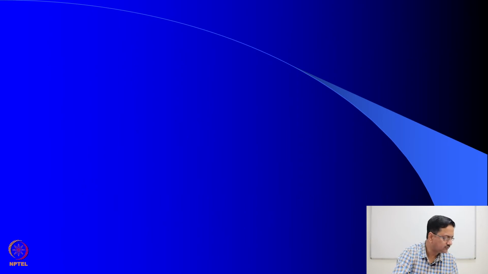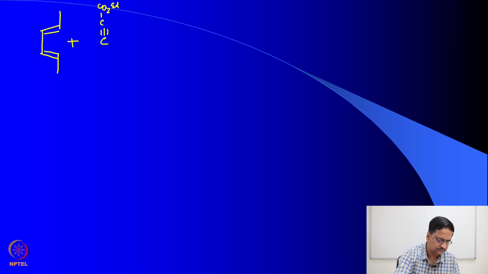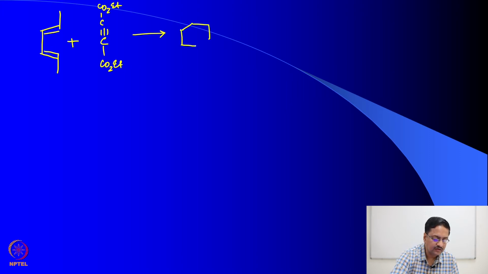So, let us take two more examples. When you start with this compound where the two methyl groups are on the same side, that means these are opposite to each other, in the product they would appear as cis.